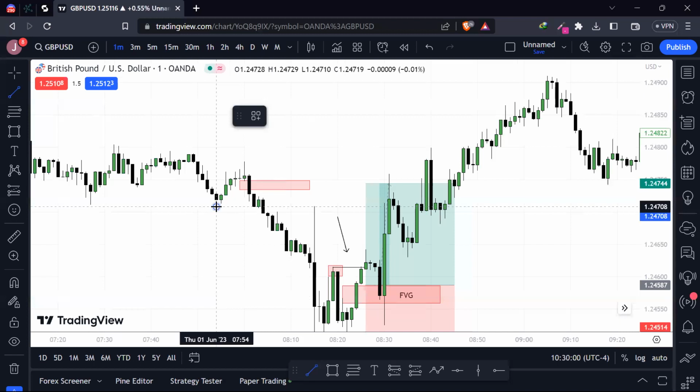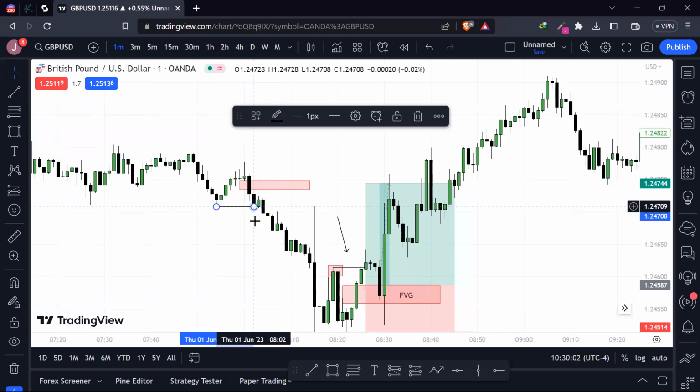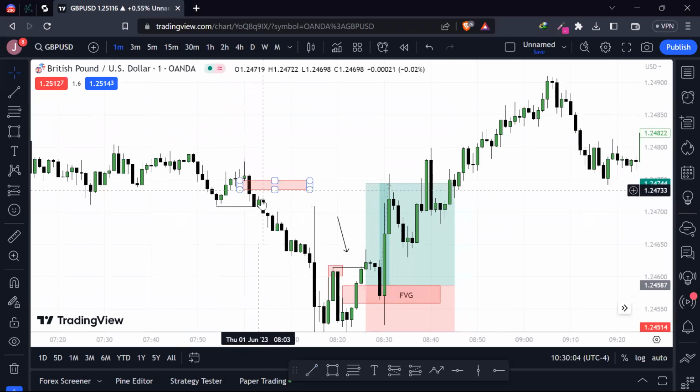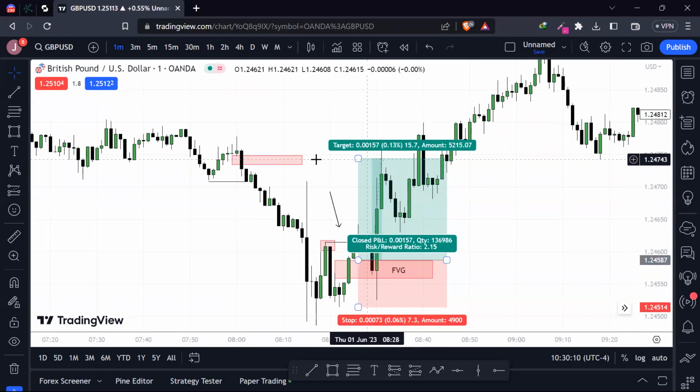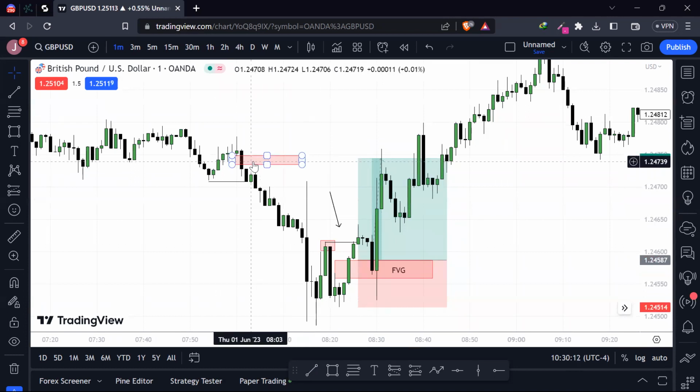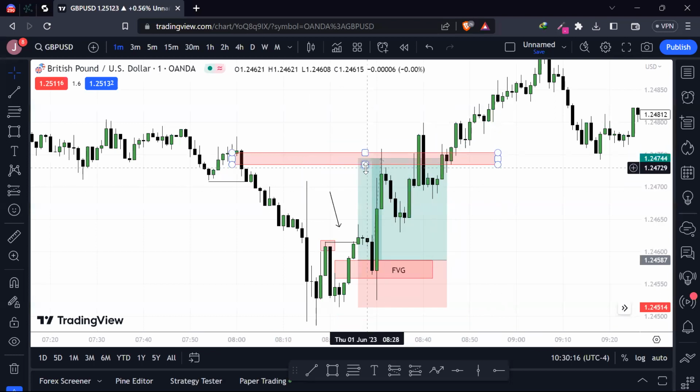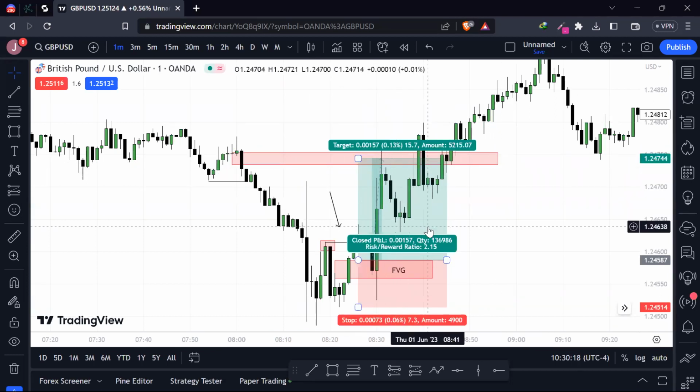The price here breaks the structure and didn't give the opportunity for the buyers to come up and come down. So we target straight to our first imbalance right here. This is where we take profit, and that's a 1:2 ratio here.